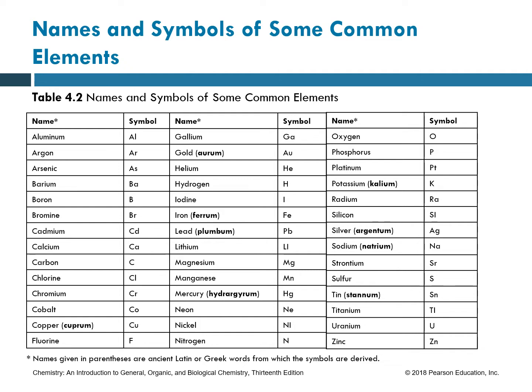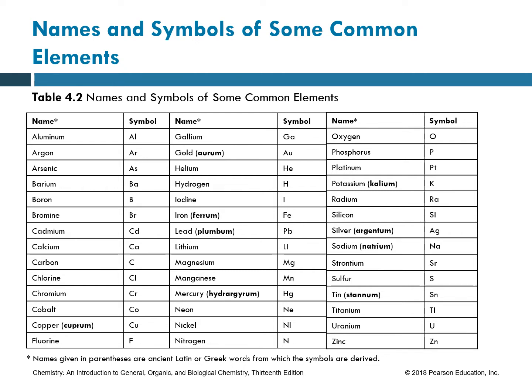That is because those symbols are based on their older names or their Latin names or their Greek names. For instance, gold. You will not see the symbol of gold as Go. Instead, it's written as Au. That Au symbol comes from its Latin name, which is aurum.